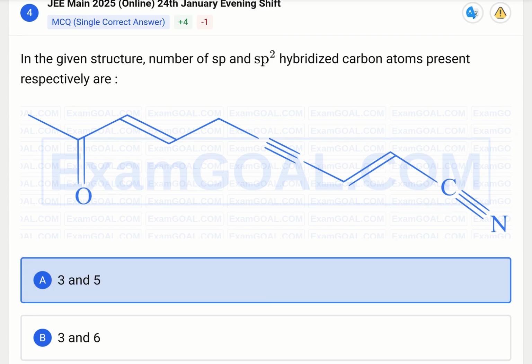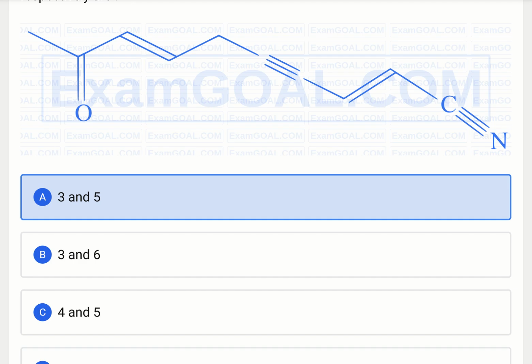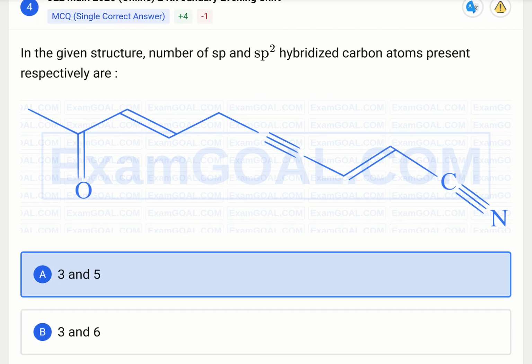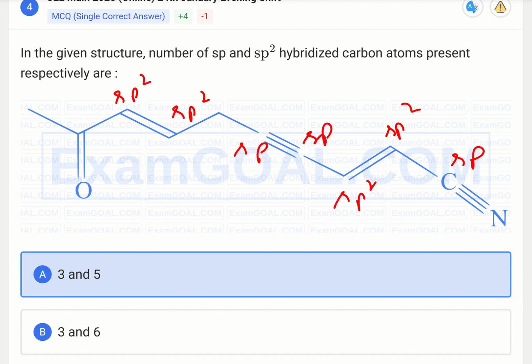So moving to the next question. In the given structure, number of sp and sp2 hybridized carbon atoms present, that is very easy. So it is sp, sp2, sp2, sp, sp, sp2, sp2, sp2. So sp2 is 1, 2, 3, 4 and 5. sp2 are 5.